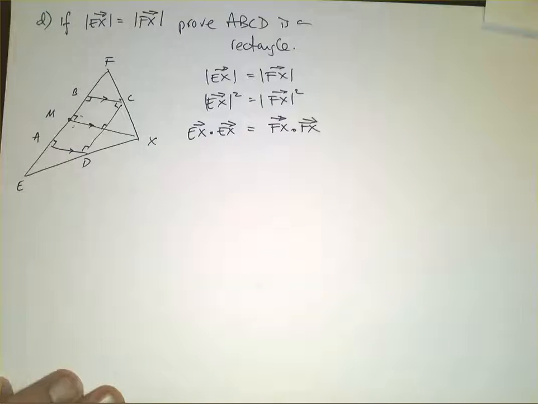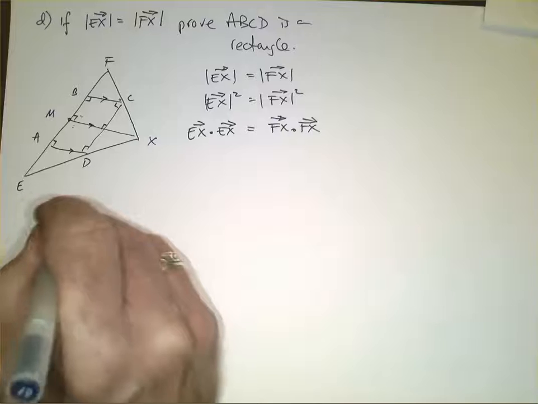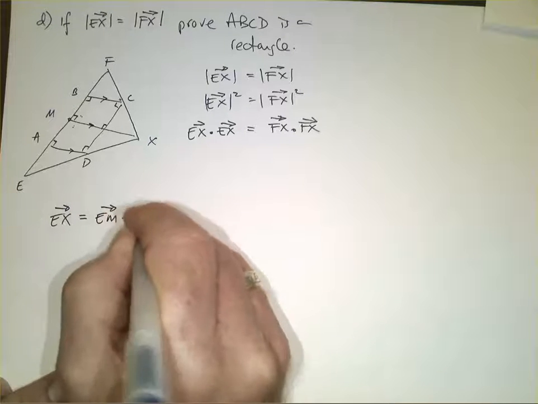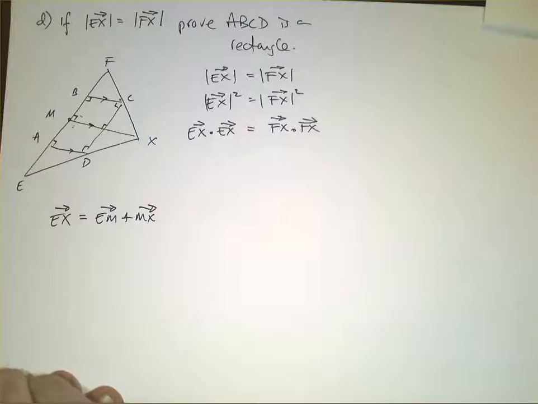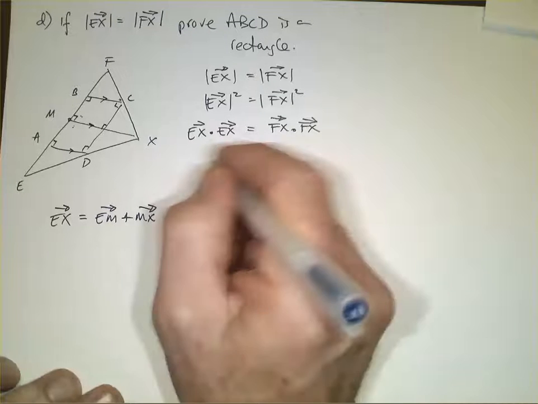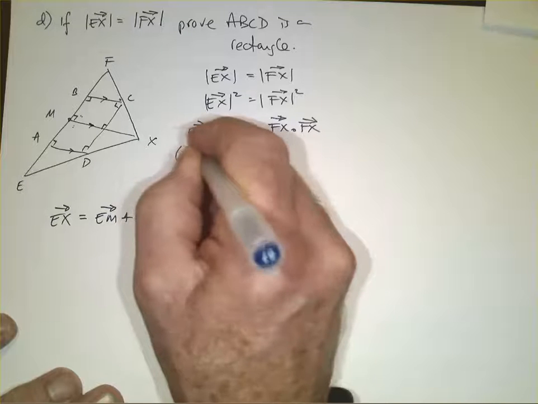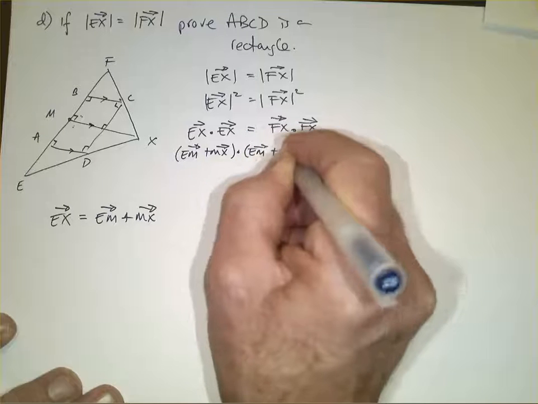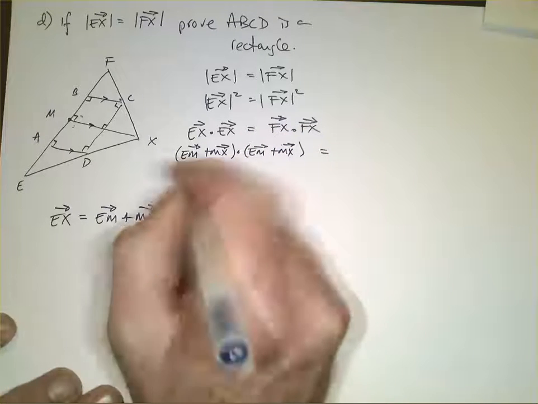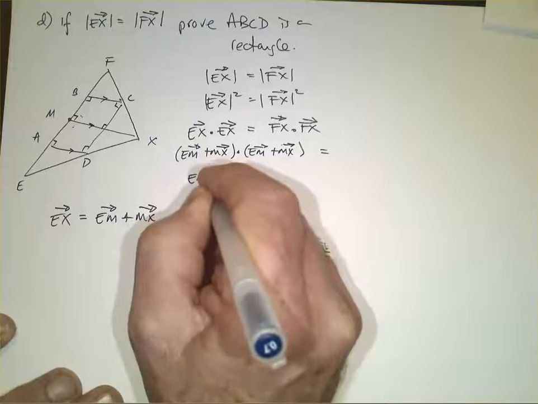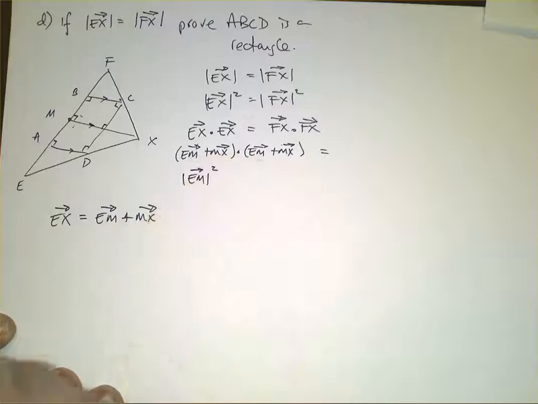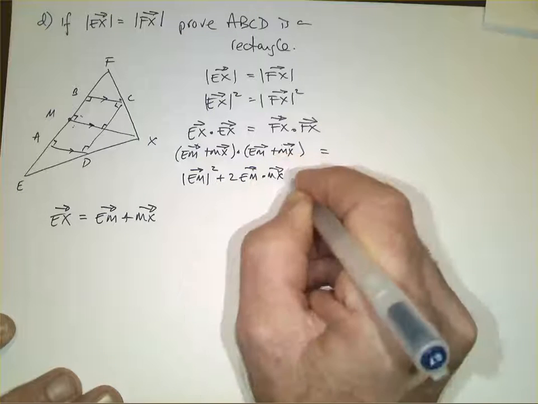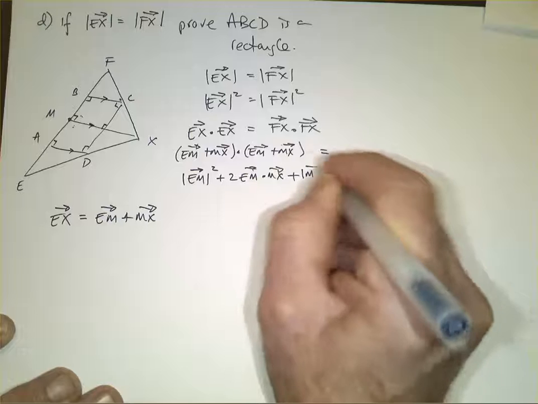Now, EX equals EM plus MX, which means I have (EM plus MX) dot (EM plus MX), which means I have EM dot EM, which is EM squared, plus 2 EM dot MX plus the magnitude of MX squared.